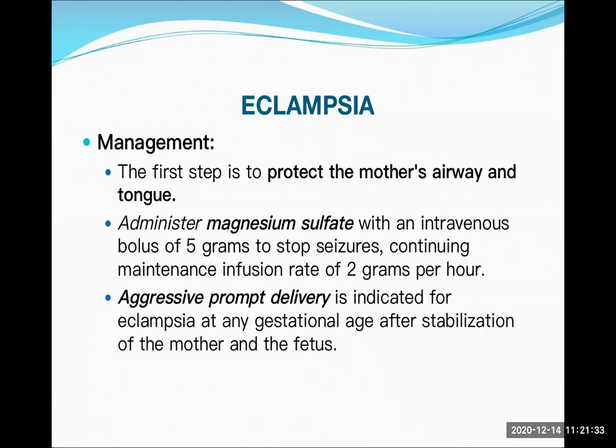The gag reflex is lost during that time, so there is a very high chance of aspiration pneumonia. Always remember this. This is not only in the case of eclampsia, this is in any coma case. And in this condition, why unconsciousness or coma? Because of grand mal seizure. After grand mal seizure, the loss of consciousness is quite common. That's why we should protect the mother's airway and the tongue.